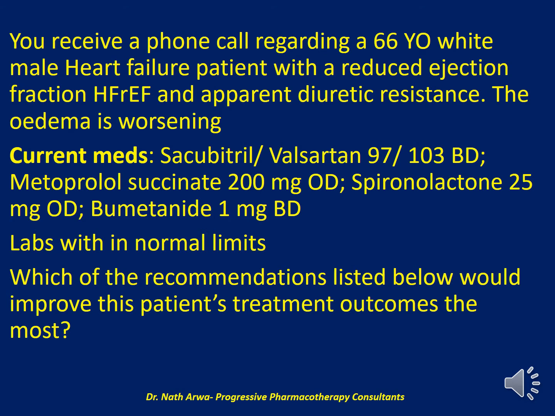He currently takes a fixed dose combination of sacubitril/valsartan 97/103 twice daily orally, together with metoprolol succinate at a dose of 200 milligrams once a day, and spironolactone at a dose of 25 milligrams after breakfast. He also takes 1 milligram of bumetanide twice a day, and you are told the lab values are within normal limits. So my question to you is, which of the recommendations listed below would improve this patient's treatment outcomes the most?